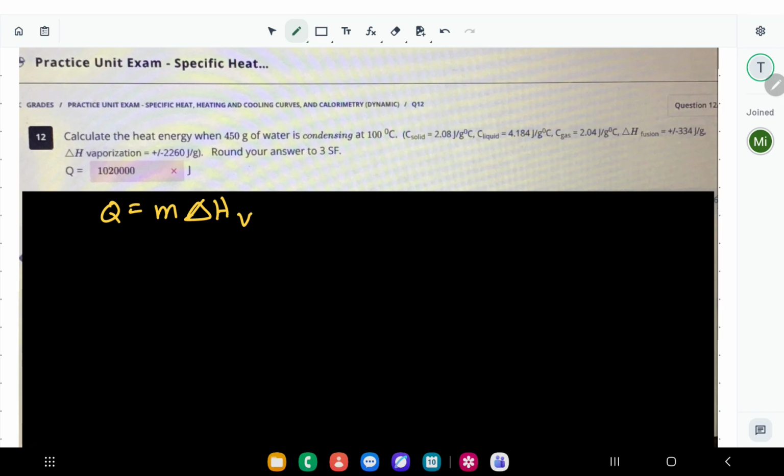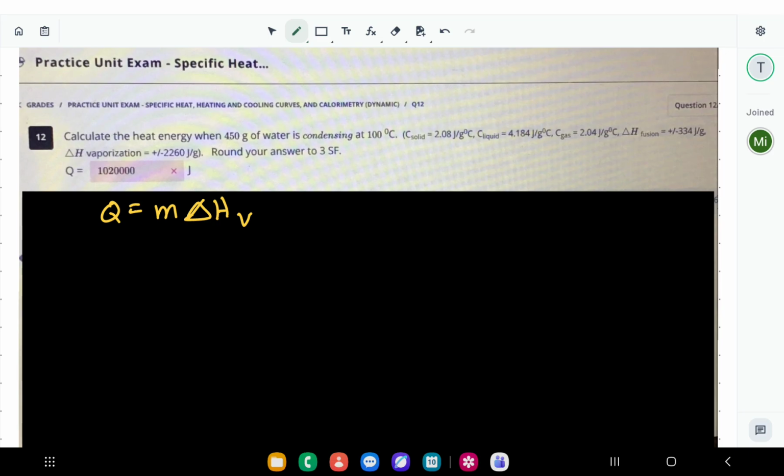We're only given here that one, 100 degrees Celsius, because it's already said here that water is condensing. It doesn't start from solid. It's already condensing. So we can calculate directly.